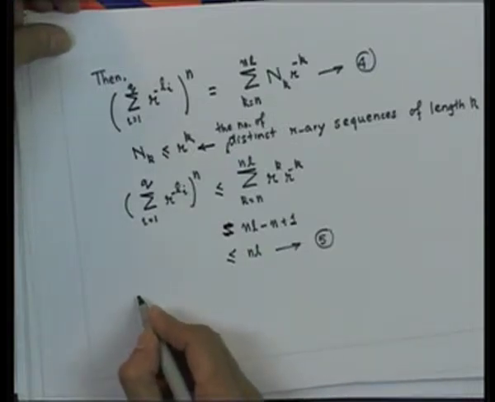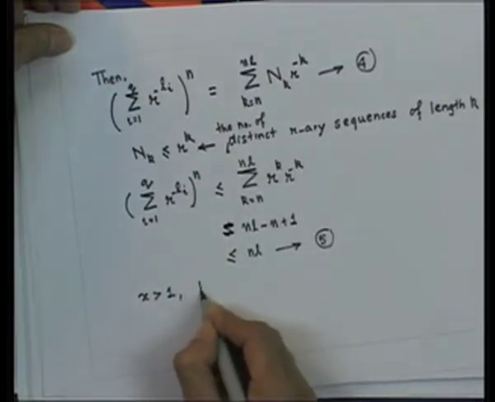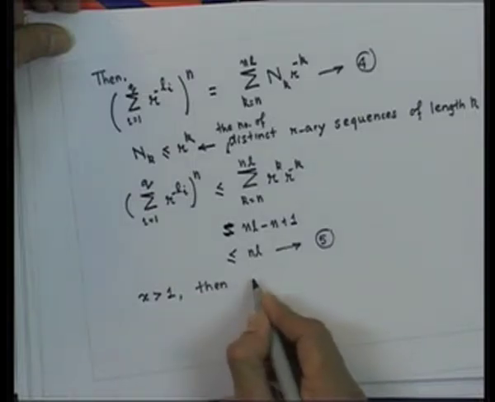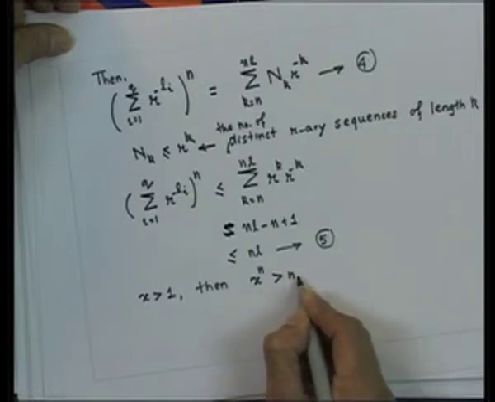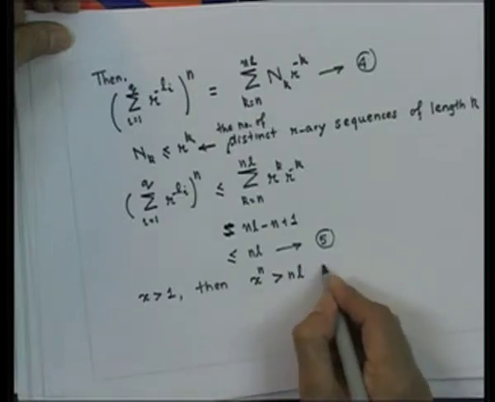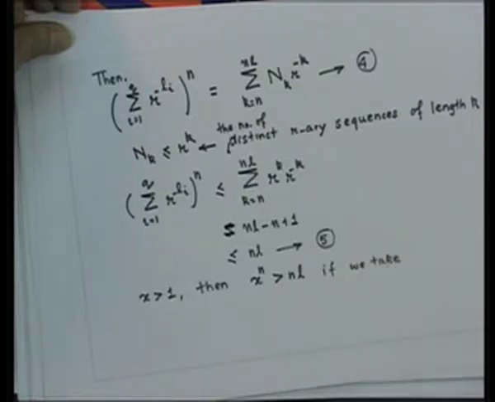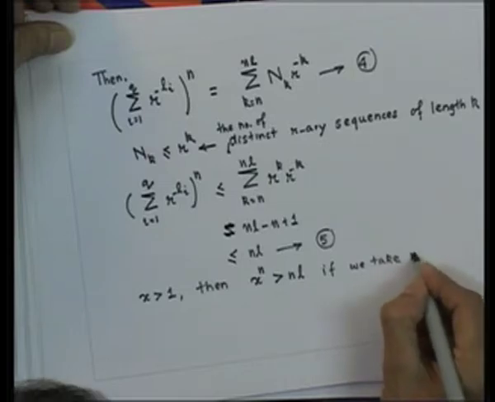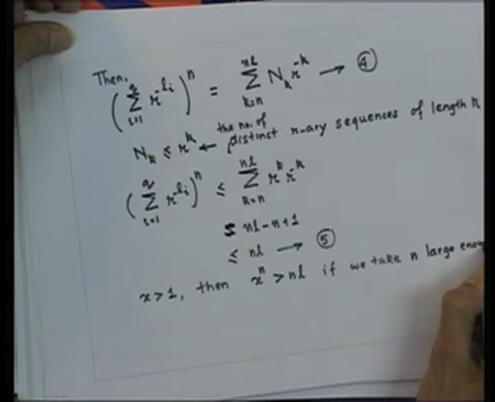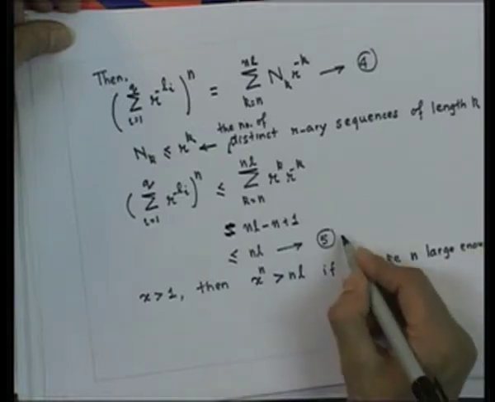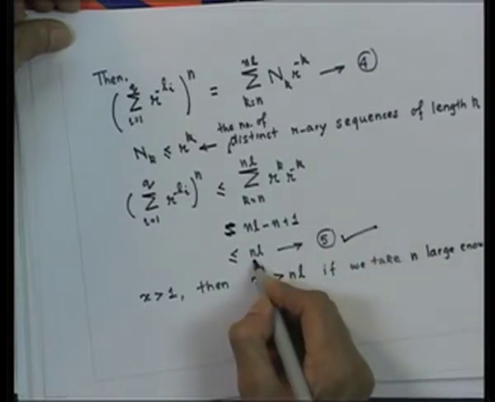Now, if x is greater than 1, then x raised to n will always be greater than nL if we take n large enough. Now, in our case equation 5 holds for any integer n.